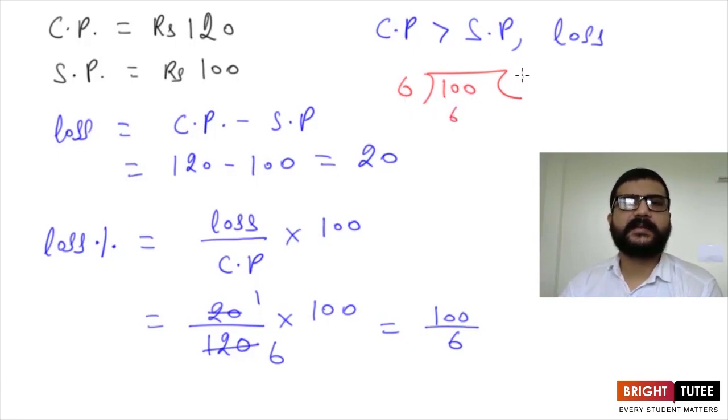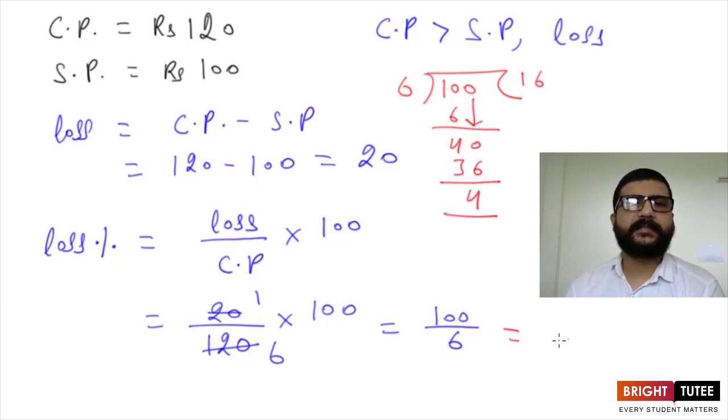Now 6 ones are 6. 10 minus 6 will give us 4. Now we have to bring this 0 here. Now 6 sixes are 36. Now by subtracting we will get 4 as a remainder. So it means this number is equal to 16 4 by 6.